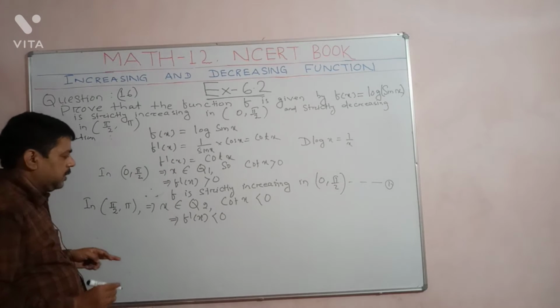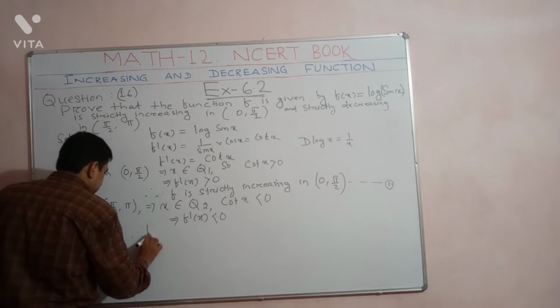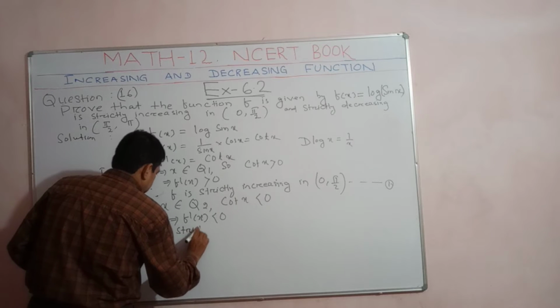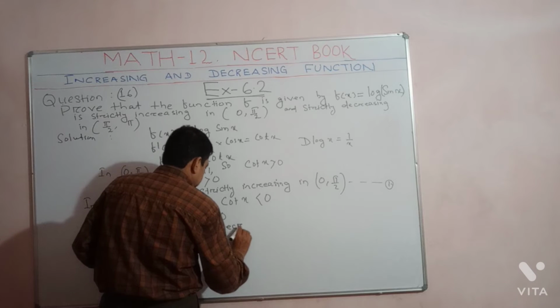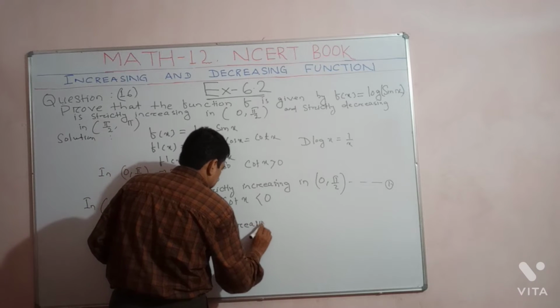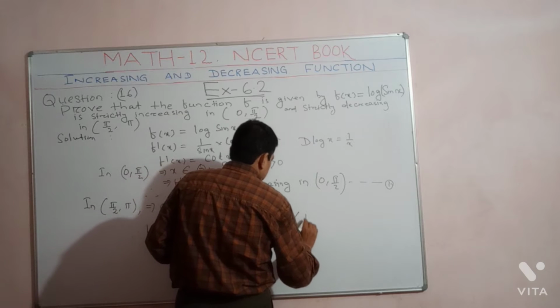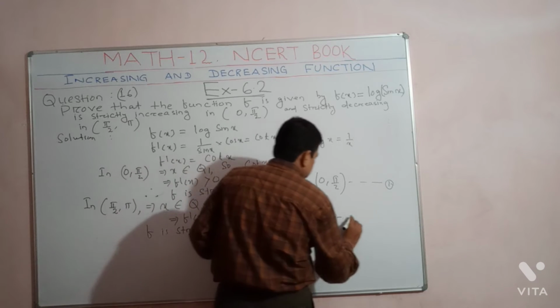Since the slope of the function is less than 0, understand? Hence, the function f is strictly decreasing in the interval pi by 2 and pi. This is the second point.